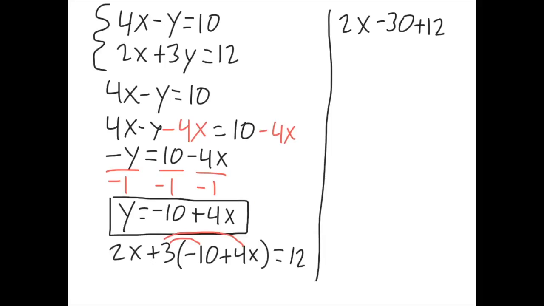So a positive 12x plus 12x, and then that still all equals 12. Now we combine like terms here, the 2x and the 12x combine to give us 14x. Minus 30 equals 12.